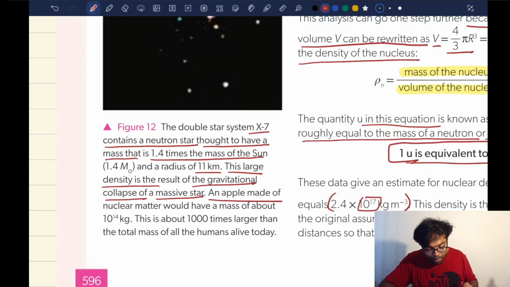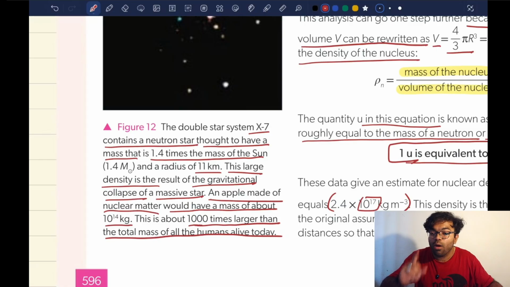An apple made of nuclear matter would have a mass of about 10^14 kgs. This is about 1,000 times larger than the total mass of all humans alive on Earth. One single apple would weigh 1,000 times the mass of all humans on Earth.